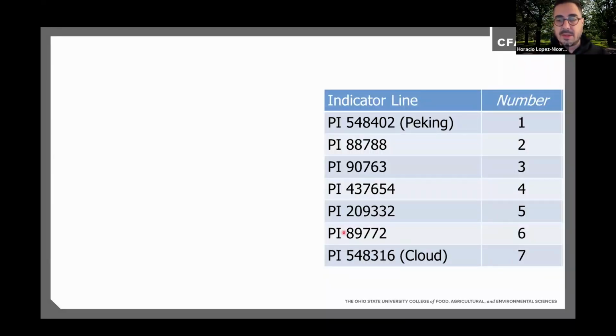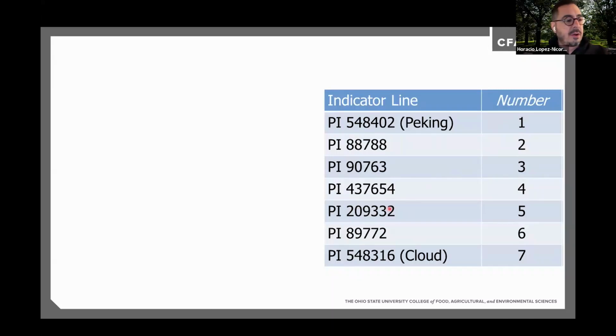When we discovered soybean cyst nematode in the United States in 1954, we soon after started identifying sources of resistance. And these are the different lines. PI stands for plant introductions. These are horrible seeds to grow. These are soybeans with black-coated seed, and they grow very viney.